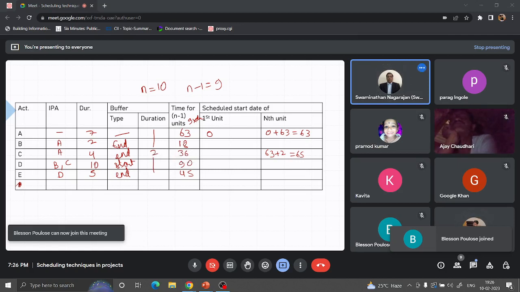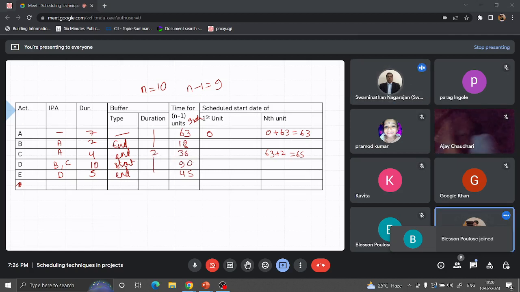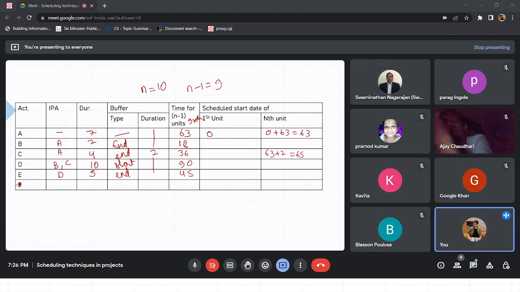No. You tell me. What we considered here was just the start of activity A. See, nth unit of A starts on 63, nth unit of A ends on 70, right? I would rather we start from 70. No? Okay.